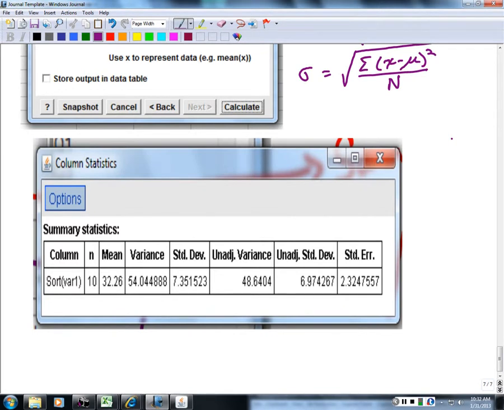That makes sense, right? And look at the standard deviation for the population and for the sample. It's not a huge difference, but there is a difference. Any questions? You guys following what I'm doing? If I ever do something that you're not sure of, please say something.